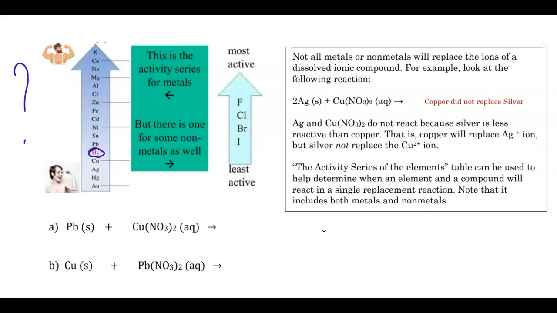And the arrow shows us the way from bottom to the top. The topmost metals substitute the lowest metals out of their compounds, right? So, for example, let's do an example. Lead, Pb, and copper 2 nitrate.